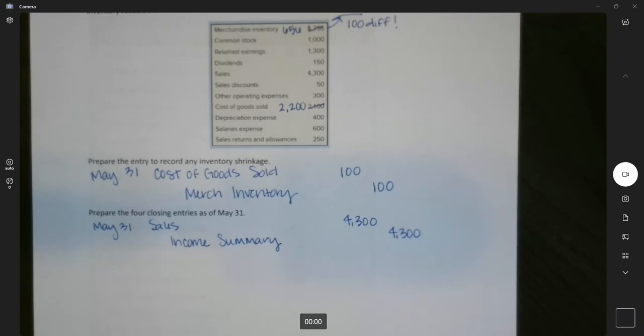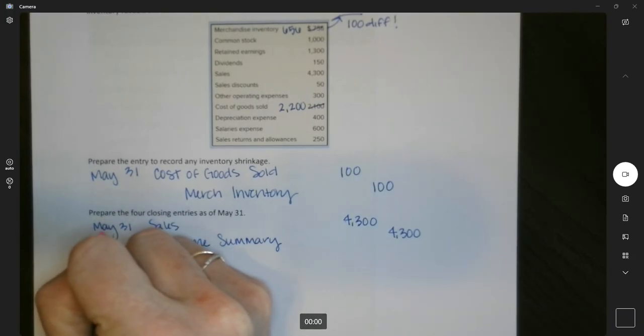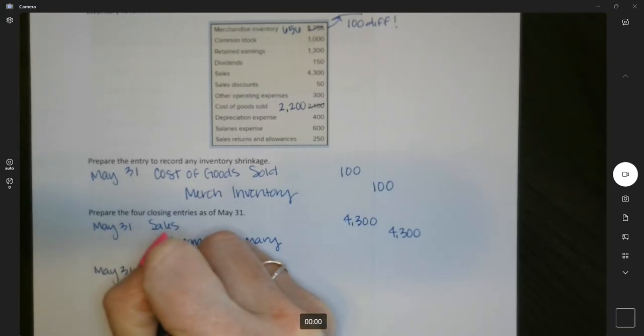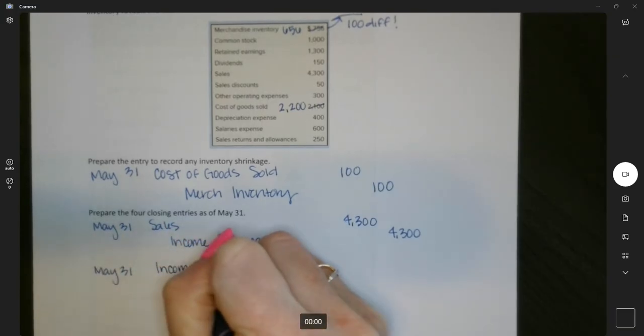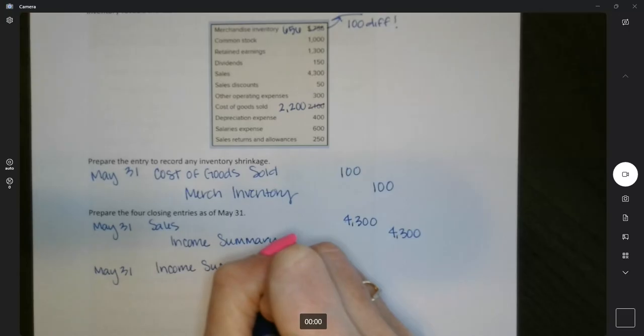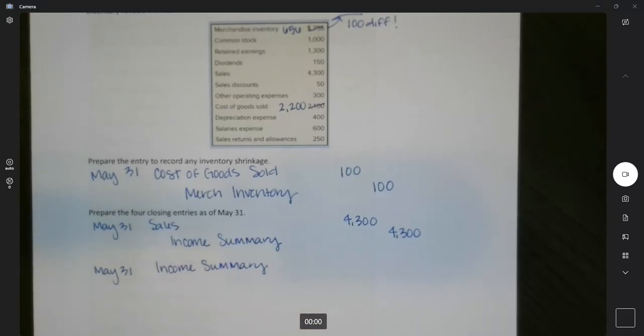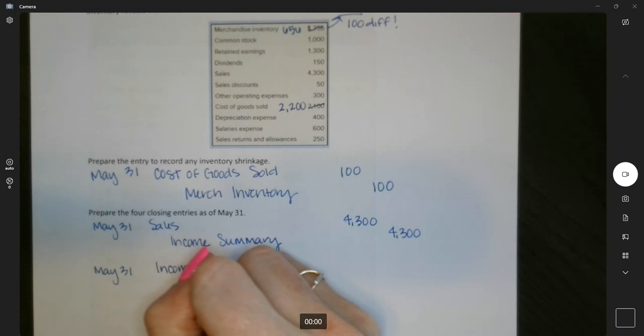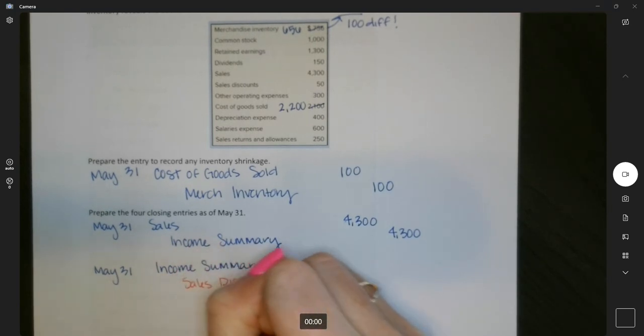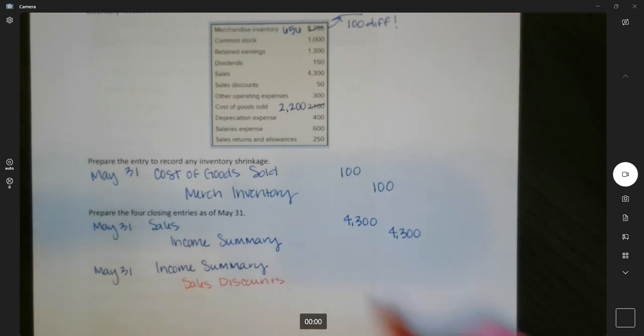The next entry is where we will close out the debit balances. So May 31st. The debit will be income summary. We'll total up all the other balances before we get to that one. Some new account names we'll have: sales discounts, being credited $50.